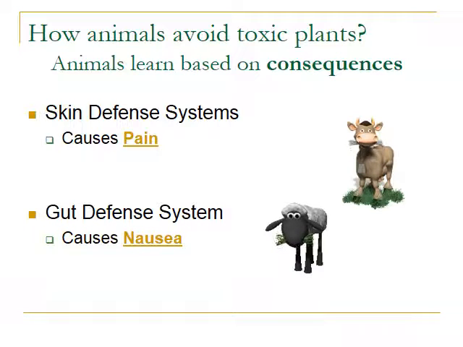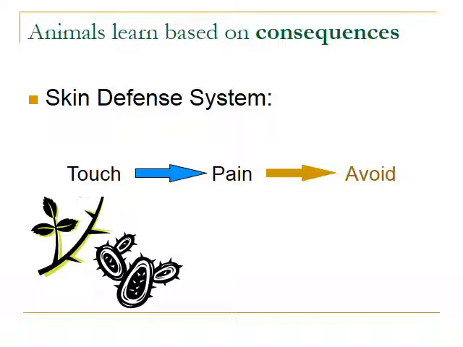The other kind of system that teaches animals to avoid toxic plants is the gut defense system. An animal eats something, it becomes nauseous, and tends to avoid that plant in the future. For each of these, again, the skin defense system relies on pain. So the animal touches the plant and gets thorns or spines in the nose or the lips or the tongue, and that causes pain, so the animal will tend to avoid it. There are other compounds that do cause irritation to the skin, but it can be quite delayed, such as poison ivy.